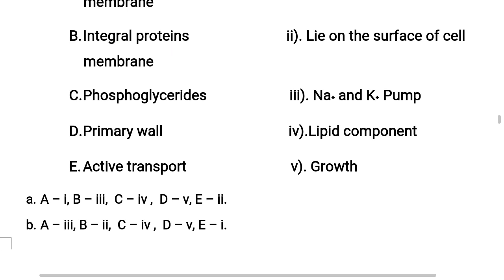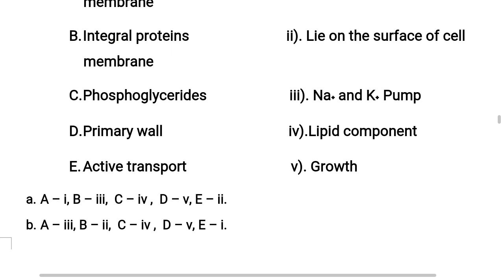Energy is required in the form of the Na plus and K plus, sodium and potassium, ions pump. Those ions are required for the movement of molecules across the membrane from lower concentration to higher concentration gradient.